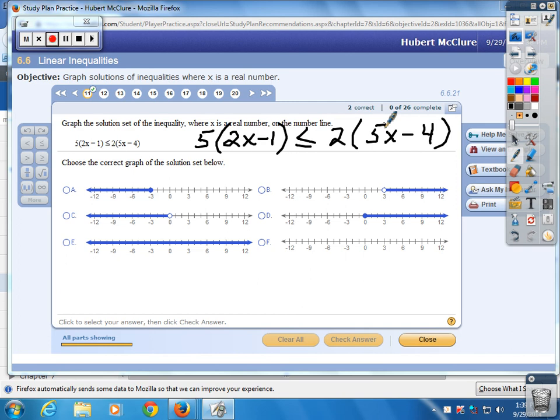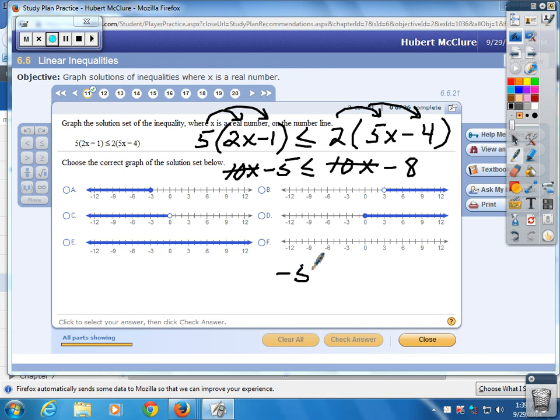So what are you going to do with the 5 and the 2? Distribute it. And distribute this one. No yawning. 10x minus 5 is less than or equal to 10x minus 8. What happens to the 10x's? And you get negative 5 is less than or equal to negative 8.